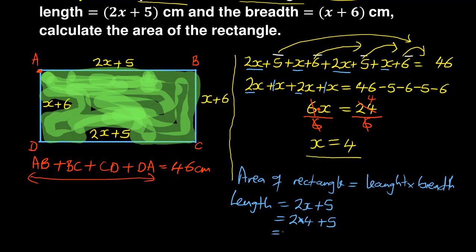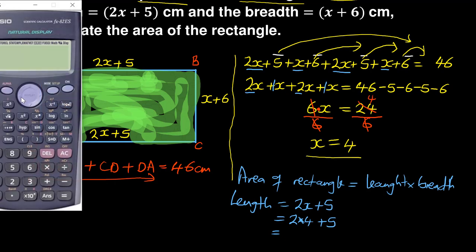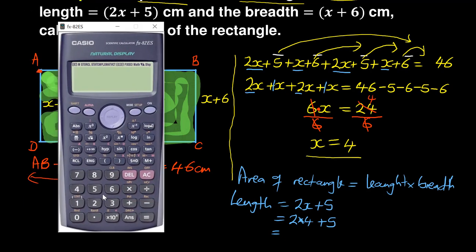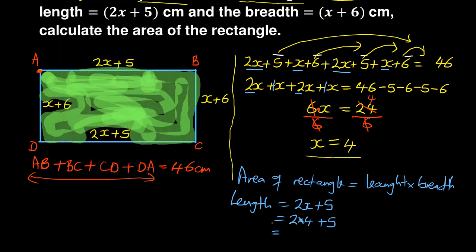In this case 2 times 4, which is 8. 8 plus 5 will give us 13. 2 times 4 plus 5, you can see that it is giving us 13. So the length is 13 centimeters.